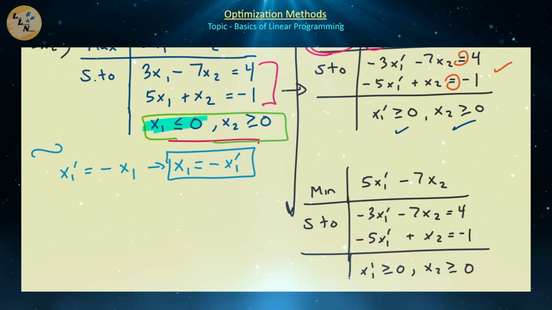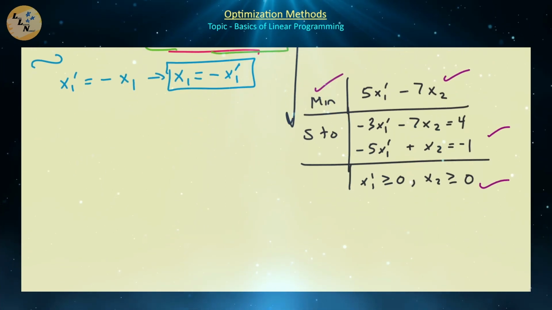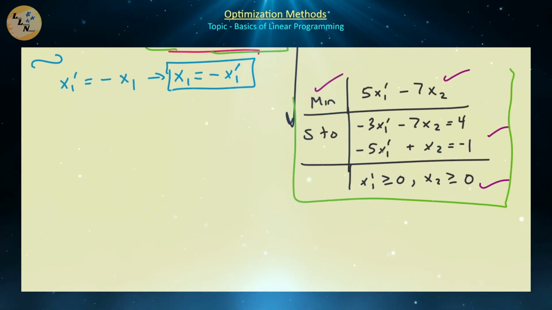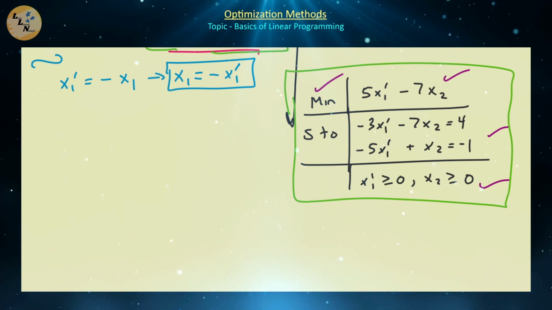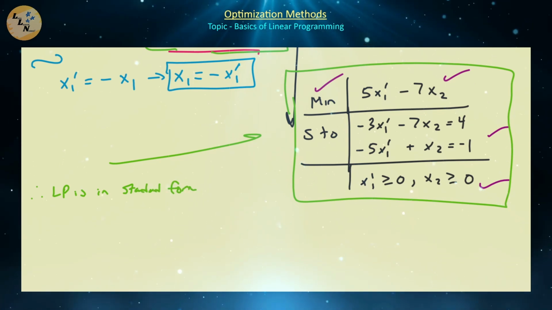So notice it's a minimization problem. There's no intercept. It's all equal to in our constraints, and everything is non-negative in our restrictions. Therefore, we have converted this linear program into standard form.